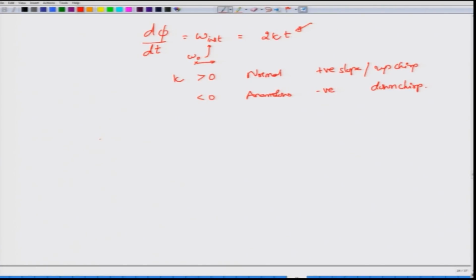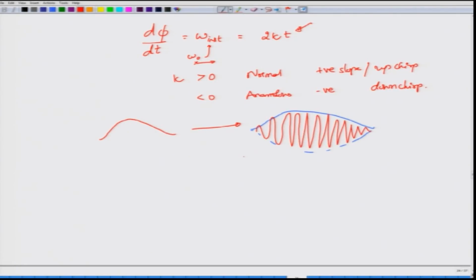So, if you take this pulse, which is initially unchirped, and launch it over the fiber and wait for a large transmission distance, then what you see will be a pulse which has spread out. So let us spread the pulse out. But interestingly, the pulse would have acquired a chirp which is linear and increasing across the pulse.